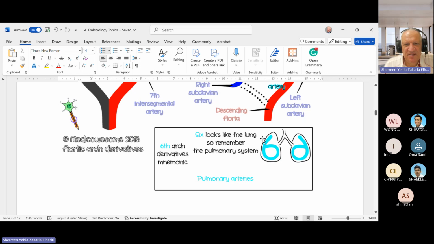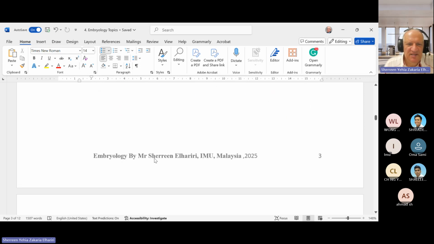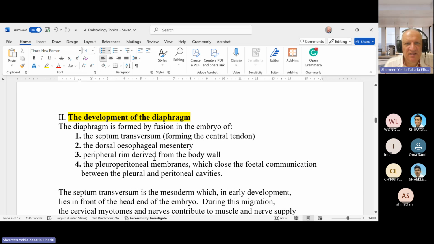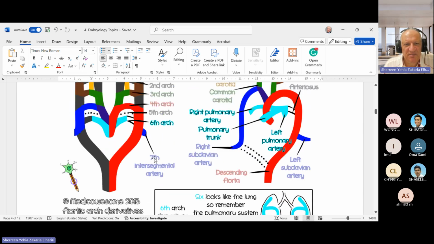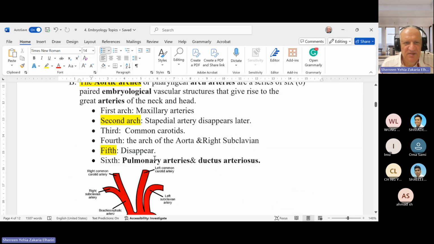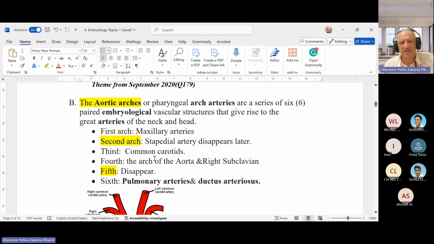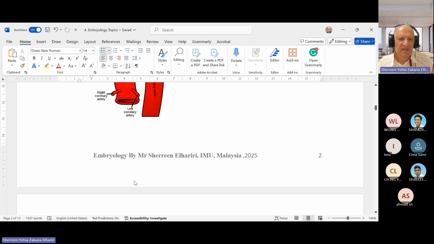Sometimes just say six is like a lung, so it is six arches. This is a very common question that comes in each exam: the origin of the right and left pulmonary artery, or the origin of the ductus arteriosus, which is the communication between the aorta and the pulmonary artery. The answer is the sixth aortic arch. Maybe every exam.